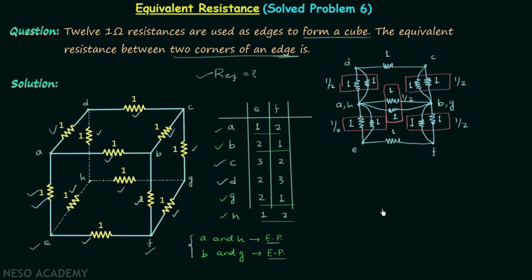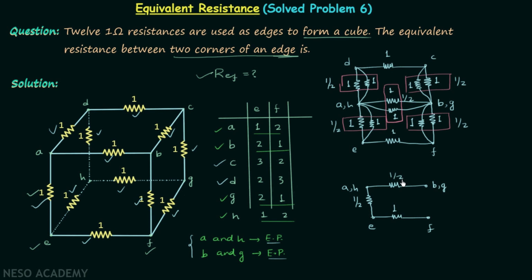So in the next step we will have a 1 ohm resistor between E and F. Then between A, H and E we will have a half ohm resistor. Between AH and BG we will have a half ohm resistor.